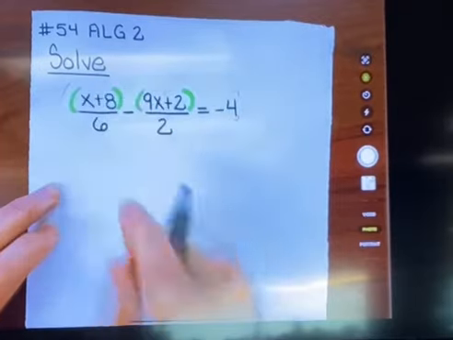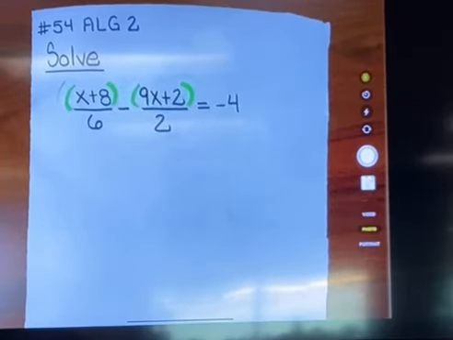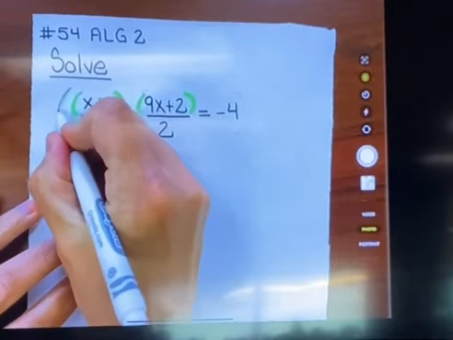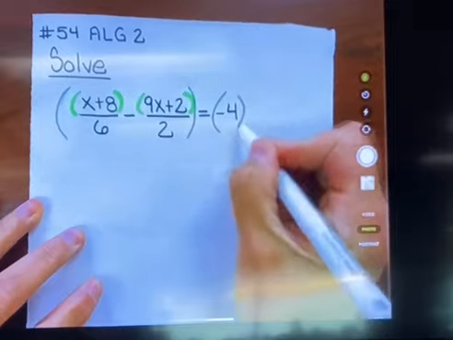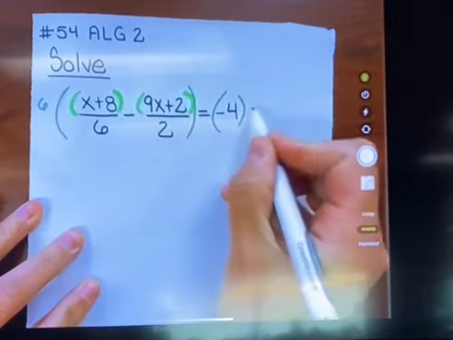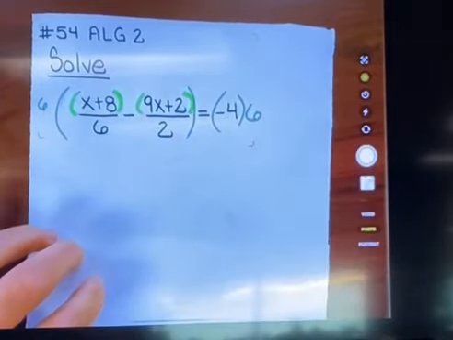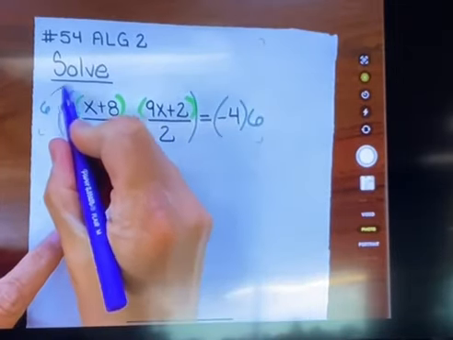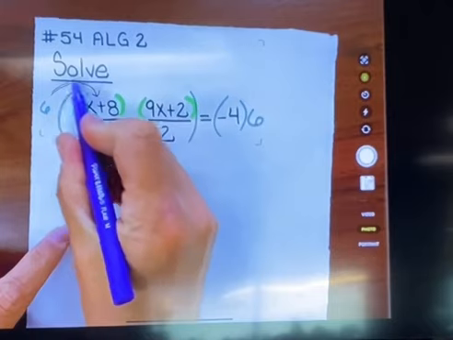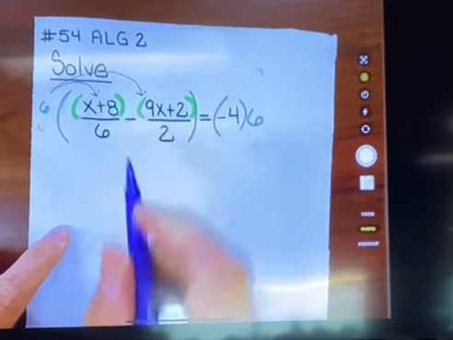So I'm going to multiply both sides by 6. I want to distribute that 6 through, so to here and to here.